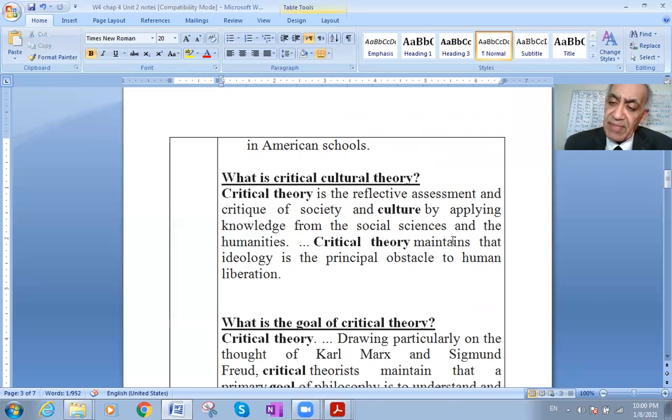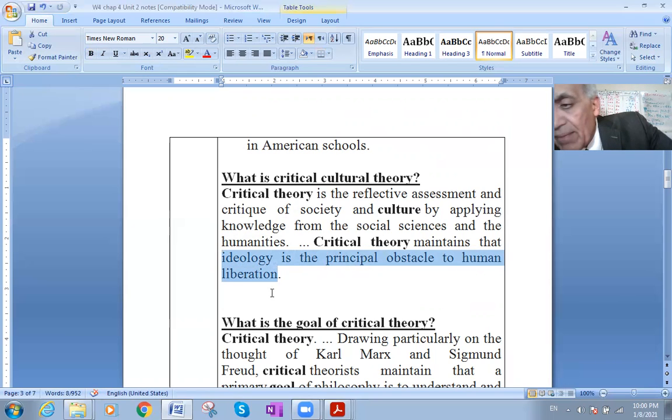Critical theory maintains that ideology is the principal obstacle to human liberation. So, the restraints on human liberation come from humans' ideologies. I'm not free to do what I want because people have their own ways of thinking and this affects them.